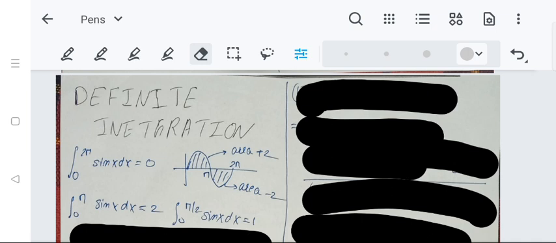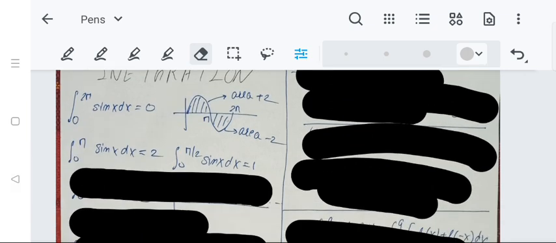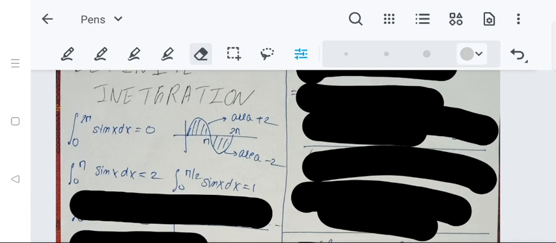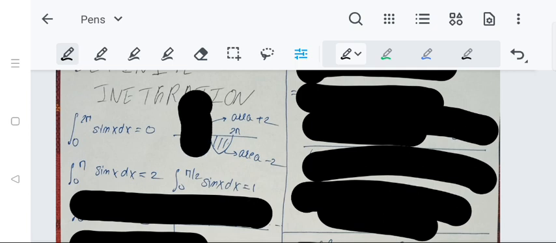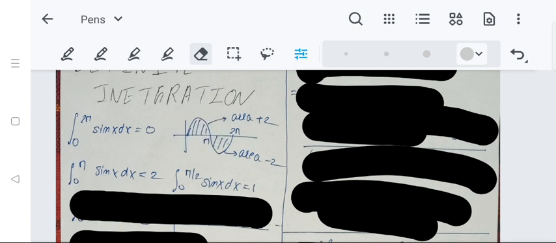See, from 0 to pi, this part has the area plus 2, and from 0 to pi by 2, roughly when you divide this at pi by 2, this shaded region is 1. And similarly for cos also.